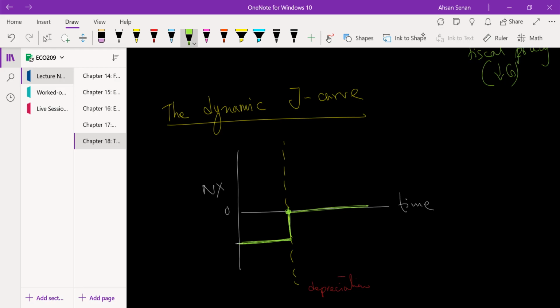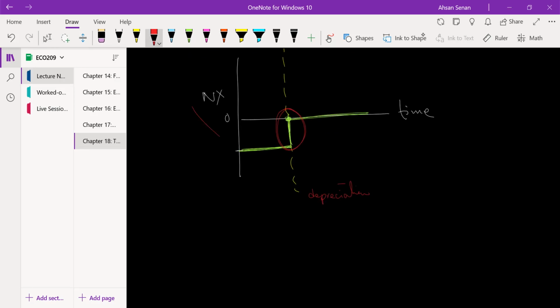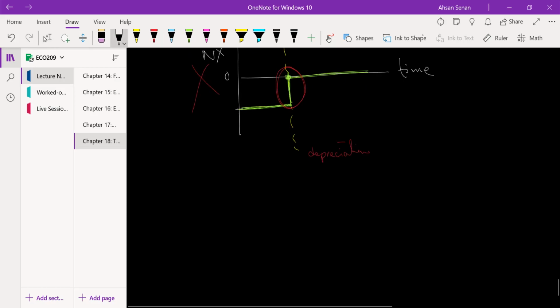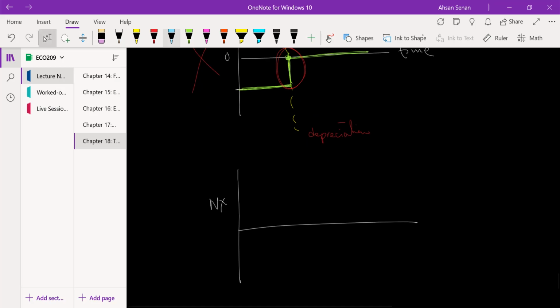But as I said, nothing is this instantaneous. This isn't going to happen immediately. These things take time, right? So a more realistic scenario, this is wrong. A more realistic scenario is this. So we have NX here. We are operating with a negative net export.